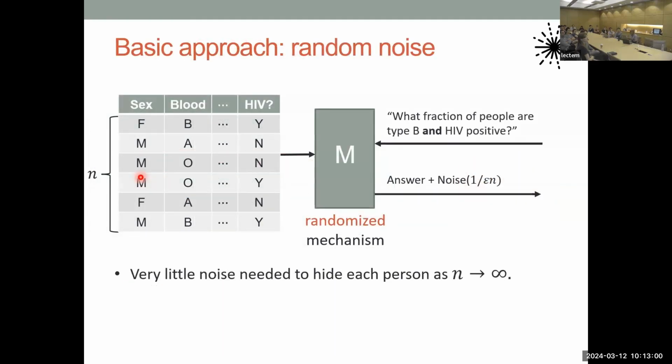And this is supposed to hold simultaneously for all the individuals in the data set, and no matter what your data set is, in a worst case sense. So it's a very strong notion of privacy.